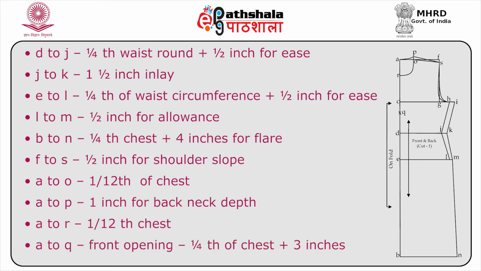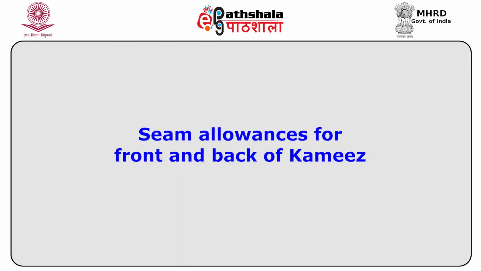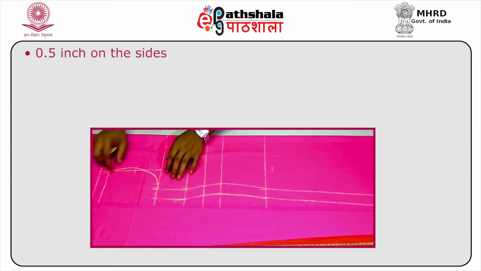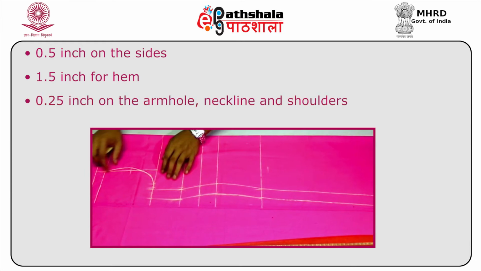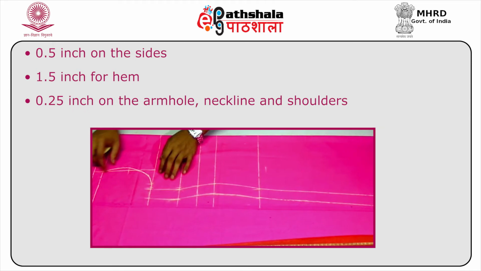A to Q, front opening, that is 1/4 of chest plus 3 inches. Seam allowances: 0.5 inches on the sides, 1.5 inches for hem, 0.25 inch on armhole, neckline and shoulders.